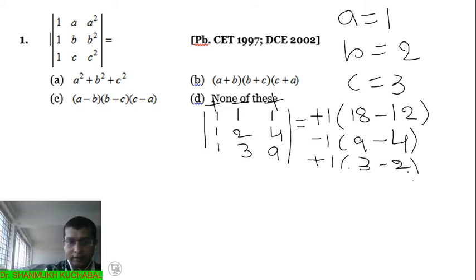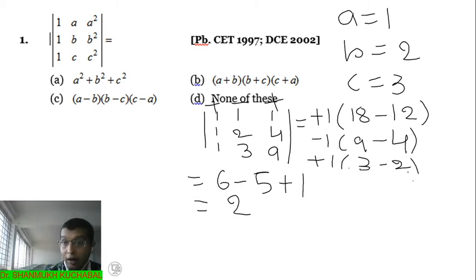Then the value is 18 minus 12, it is 6, 9 minus 4, it is 5, so we get minus 5, then 3 minus 2, it is 1, so we get 1. If we simplify this, we get an answer of 2 here. Then this value we have to substitute in the options.